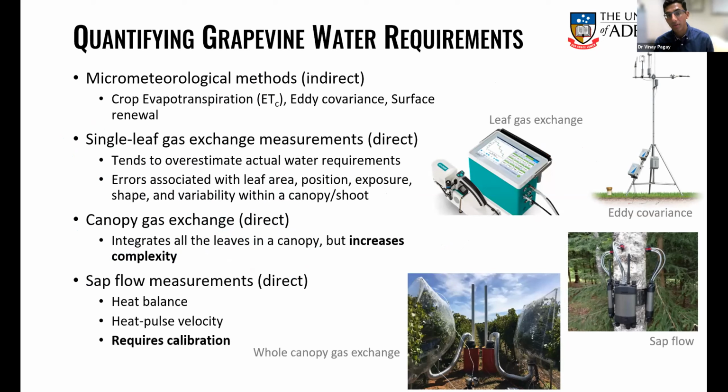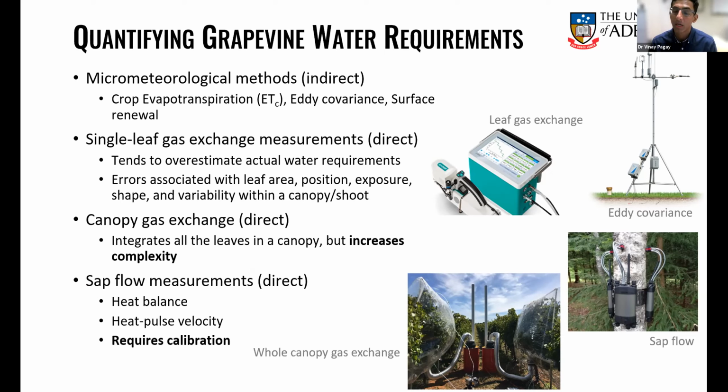Now, this is something that Ed has already presented on, so I won't spend a lot of time, but there are a number of methodologies that can be used. The eddy covariance method, which Ed mentioned, is a flux tower-based measurement. It's a very expensive setup that looks at fluxes of water vapor coming off a surface, and that surface could be a vineyard or any other surface.